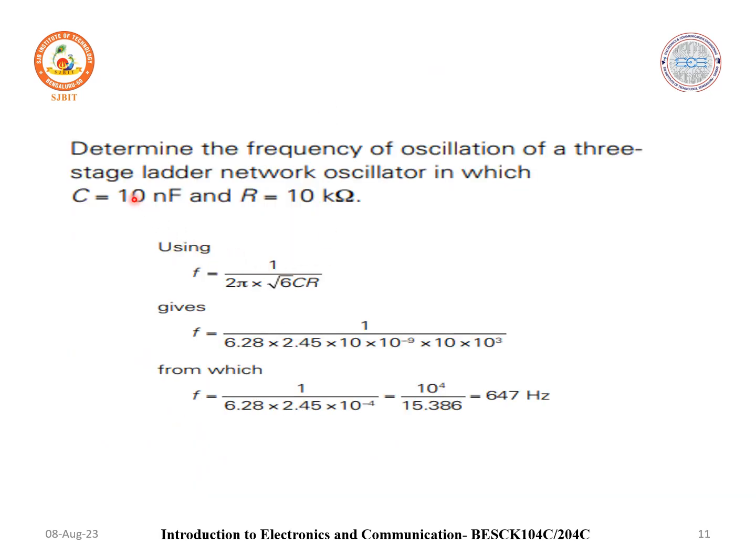Consider an example. Determine the frequency of oscillation of a three-stage ladder network oscillator in which the capacitor C value is 10 nanofarad and the resistance is 10 kilo ohm.